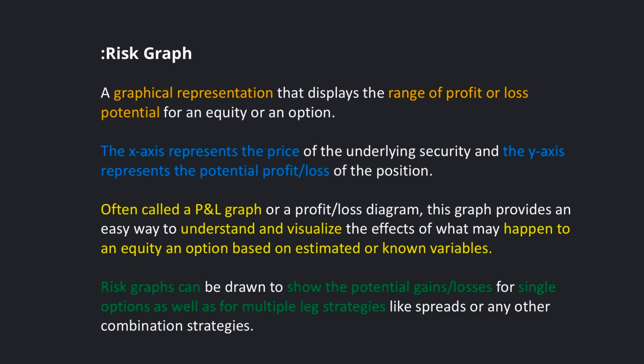Often called a P&L graph or a profit-loss diagram, this graph provides an easy way to understand and visualize the effects of what may happen to an equity or an option based on estimated or known variables. Risk graphs can be drawn to show the potential gains or losses for single options or securities, as well as for multiple leg strategies like spread trades or condors or any other combination strategy.